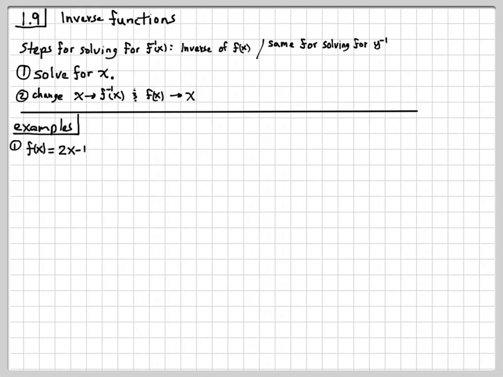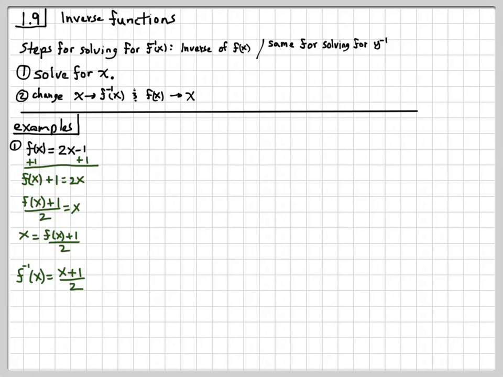So the first example is the linear equation f of x is equal to 2x minus 1. So the first step will be to solve for x. So we add 1 to both sides, and then we divide by 2.